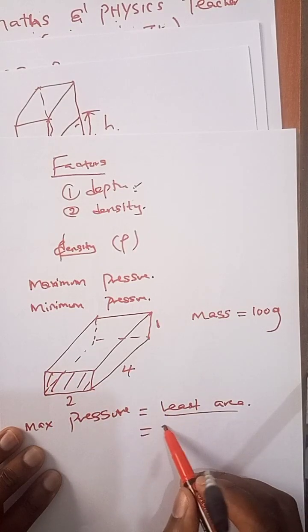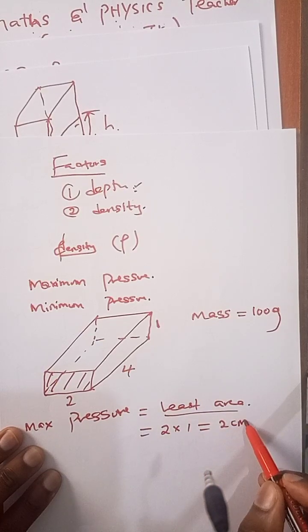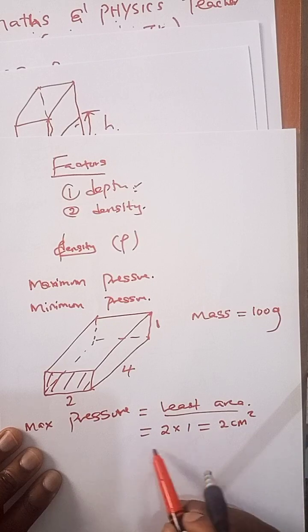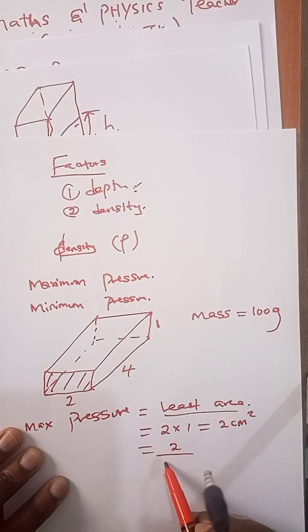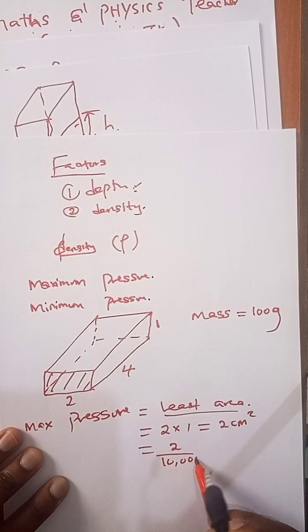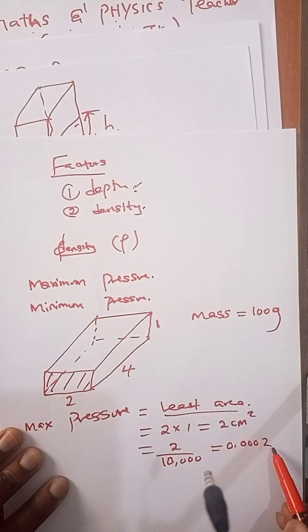So we talk about 2 by 1, which is an area of 2 centimeter squared, and then we change this into meter squared by dividing by 10,000. We get 0.002 meters squared.